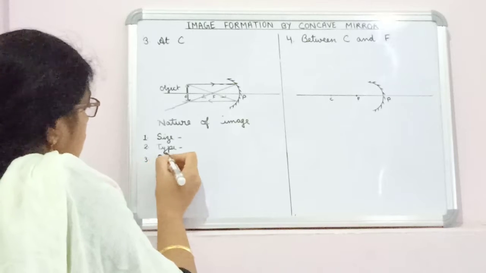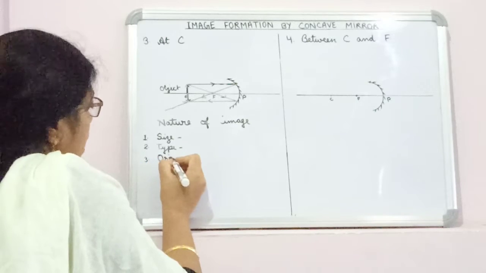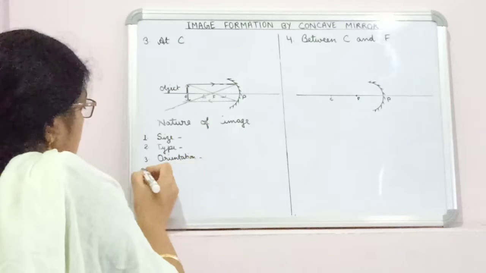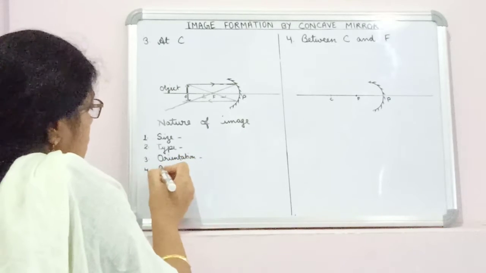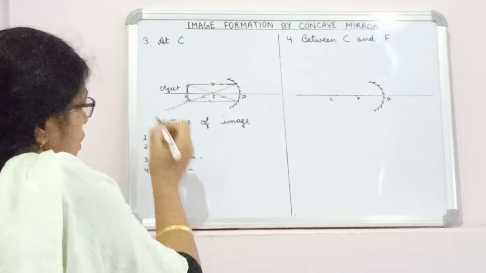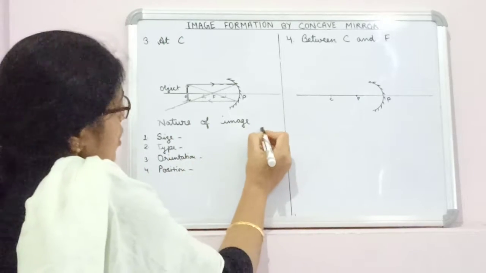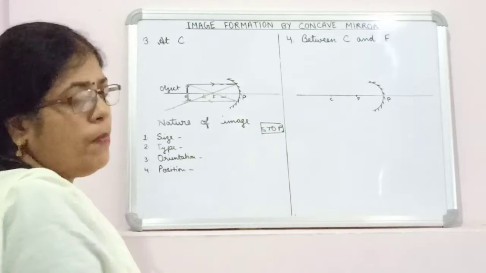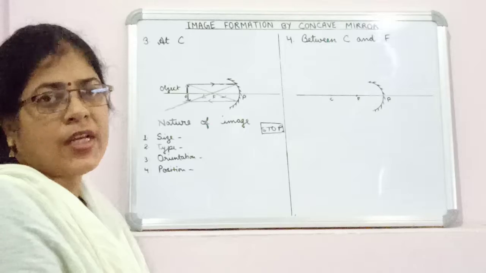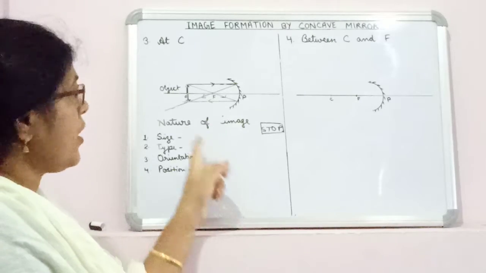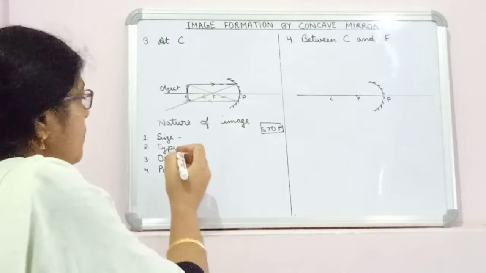Third is O, orientation. And fourth is P, position. So we have STOP. If you learn this STOP, you can automatically remember that you have to write 4 points for the nature of the image.